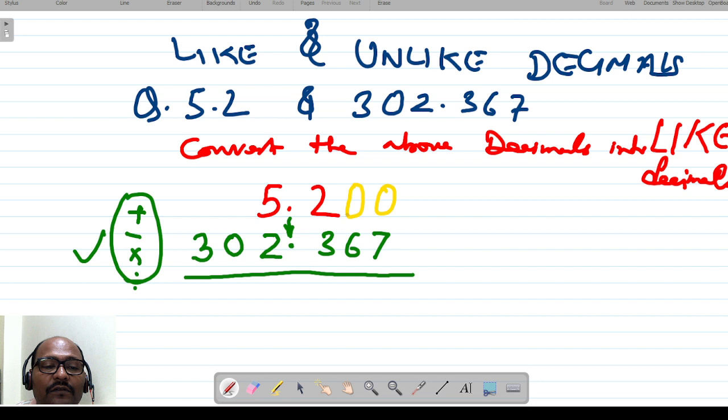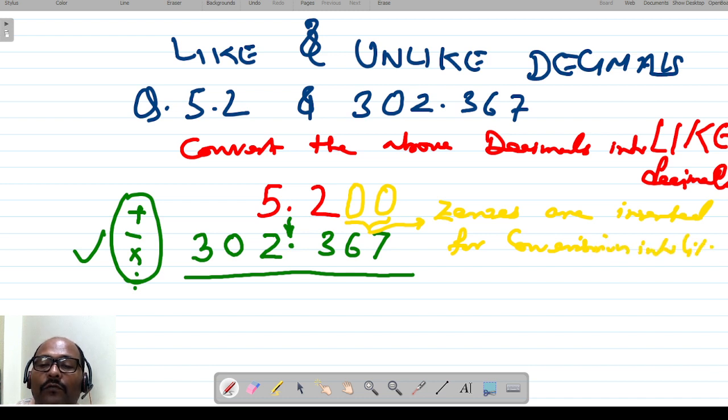These zeros are inserted for conversion into like decimals. Okay.